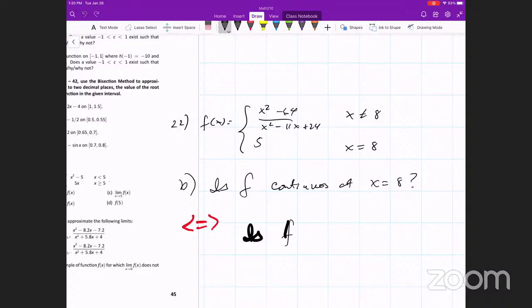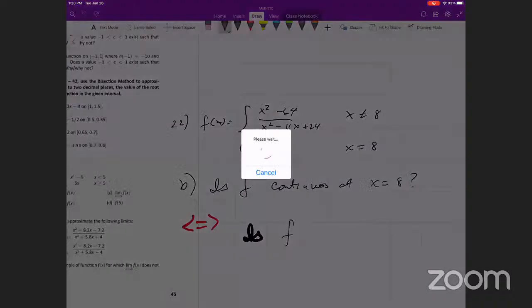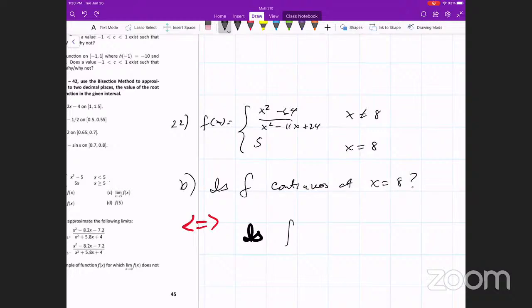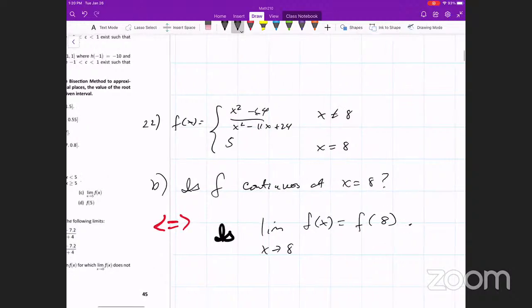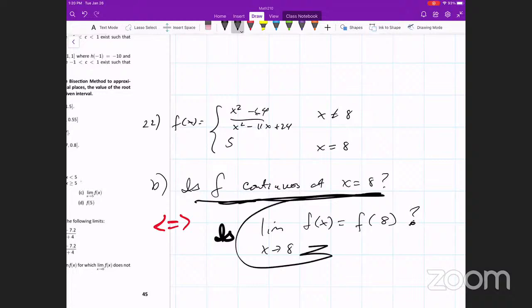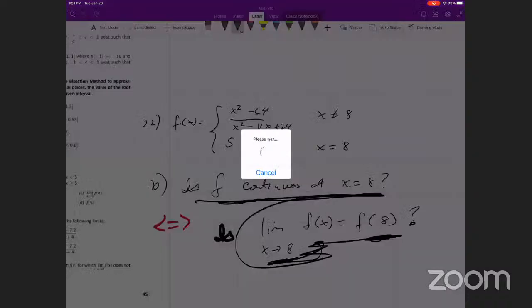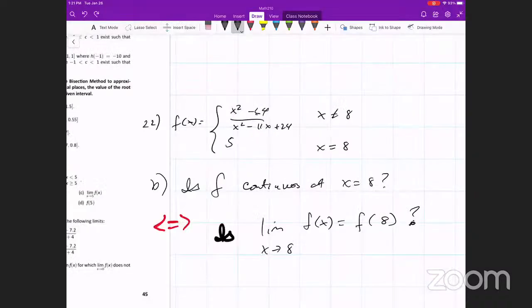Oh yeah, this software is just killing me. That's the same question from a mathematical point of view. This is the definition of continuity at a point: whether or not the limit as x approaches 8 equals f of 8. And so I just have to calculate that limit.